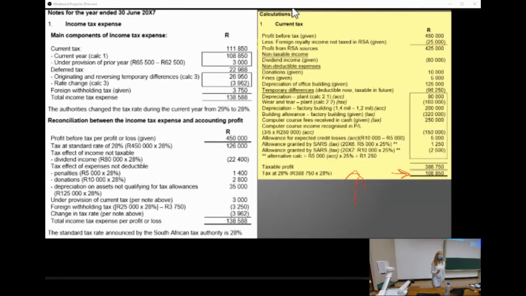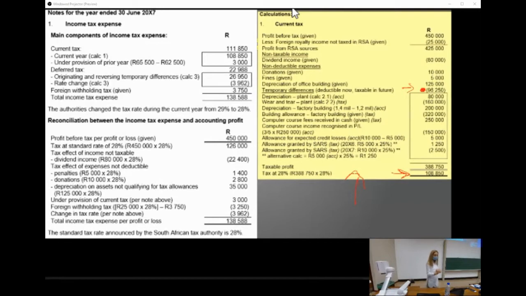But can you see that we had some temporary differences, due to the differences between depreciation and wear and tear, differences between income received in advance and allowance for expected credit losses, etc. So all these temporary differences, the 96250, do you agree that they decreased my current tax expense?